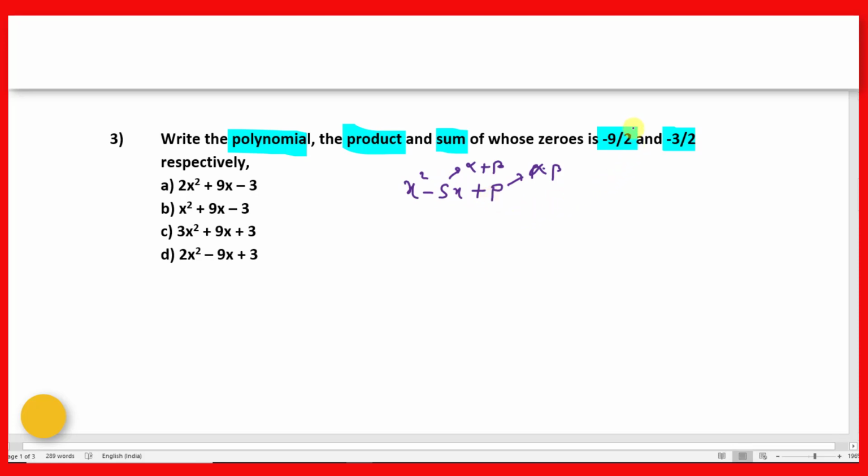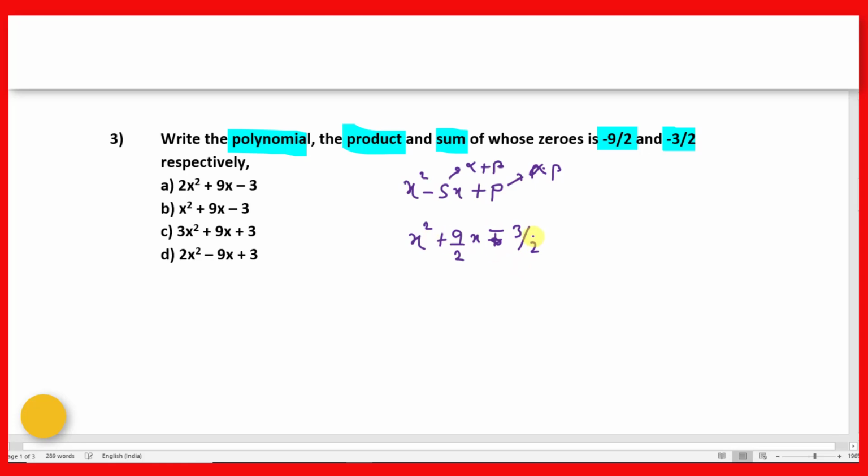Now here the sum of the roots is minus 9 by 2, so we will write it as x square minus, and this minus 9 by 2, that will be plus 9 by 2 x plus p, that is the product of the roots. The product of the zeros is minus 3 by 2, so this will be minus 3 by 2.